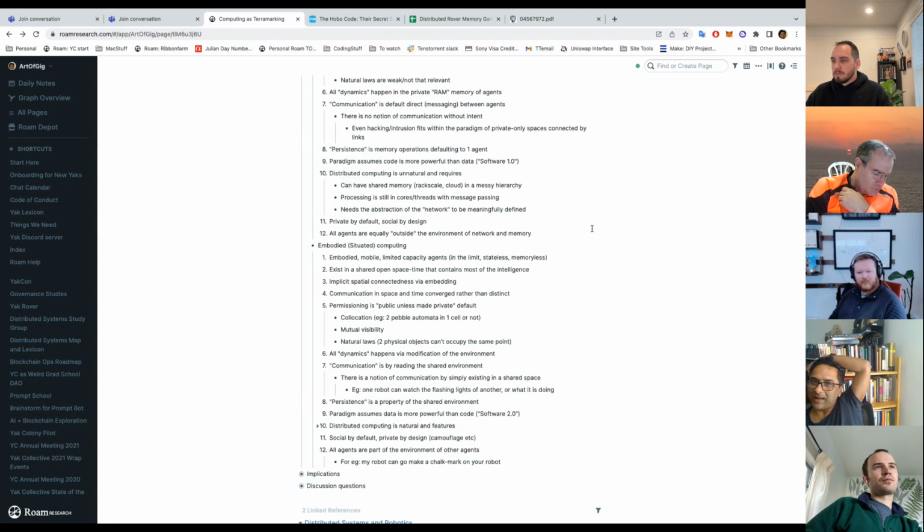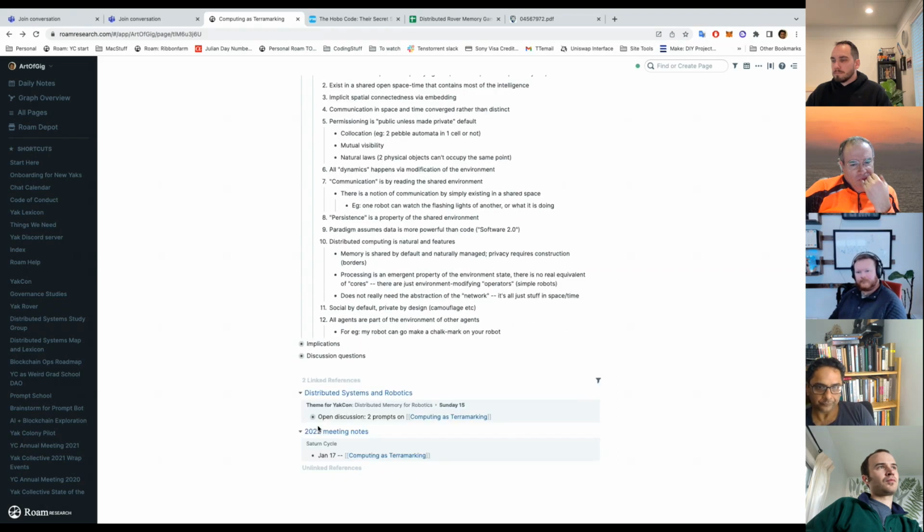I would say distributed computing is unnatural for traditional computers. You can have things like shared memory, and then you have a messy memory hierarchy. But processing is still fundamentally in cores and threads in traditional paradigms. And then you need the abstraction of the network to meaningfully tie the distributed computing together.